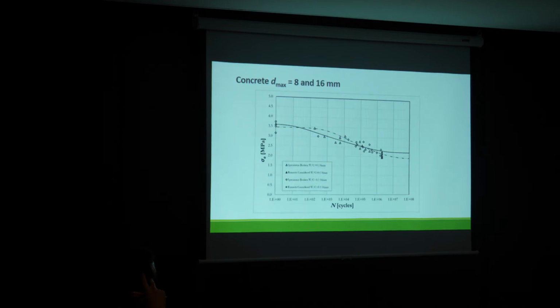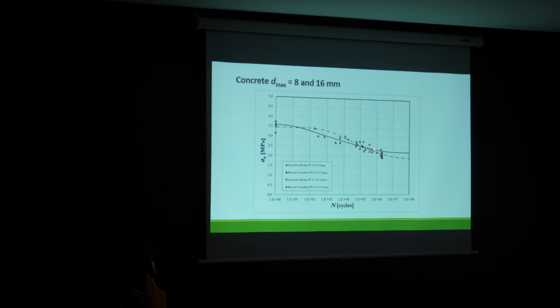Okay, now you can see the dependence on the size of the aggregate. You see that the curve is not the same, but the points almost cover a similar curve.